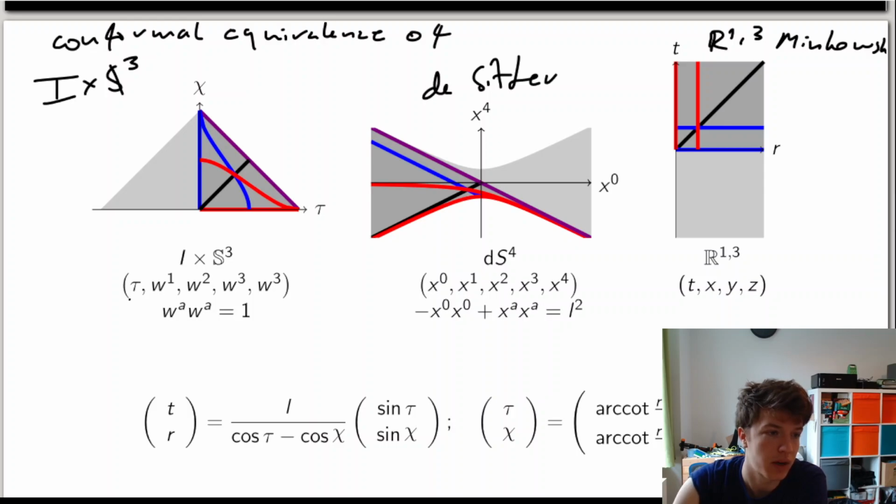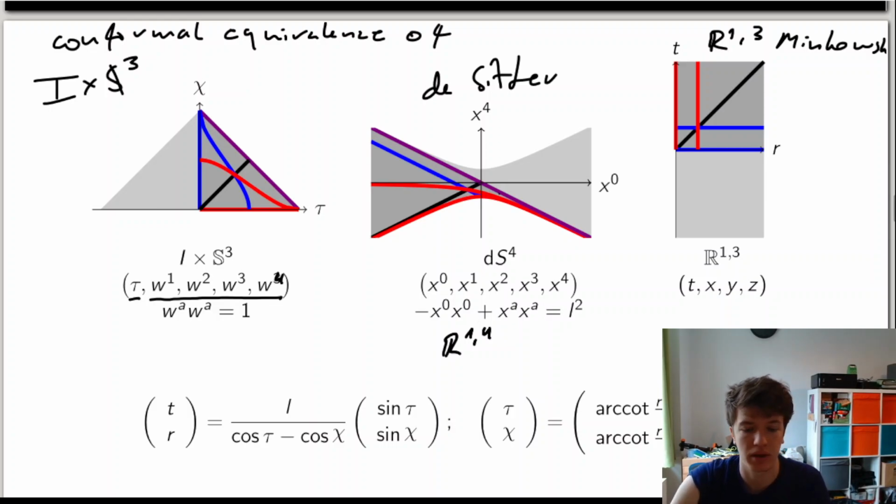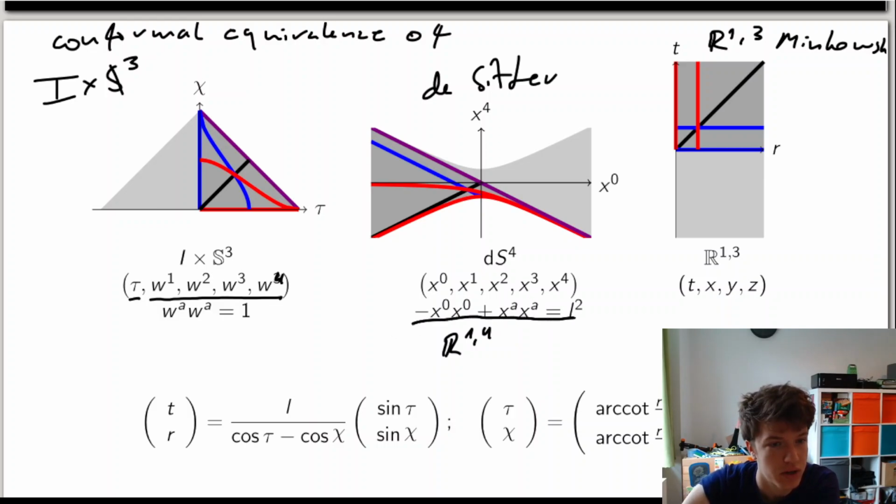Here some time component and sphere coordinates, and in this case we have the de Sitter coordinates, which are in R^{1,4}, and it is in a hyperboloid, so it satisfies these equations.